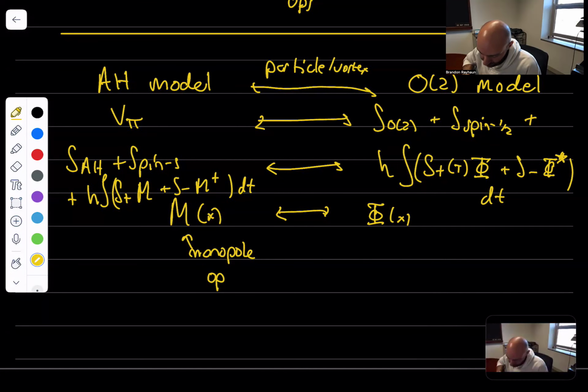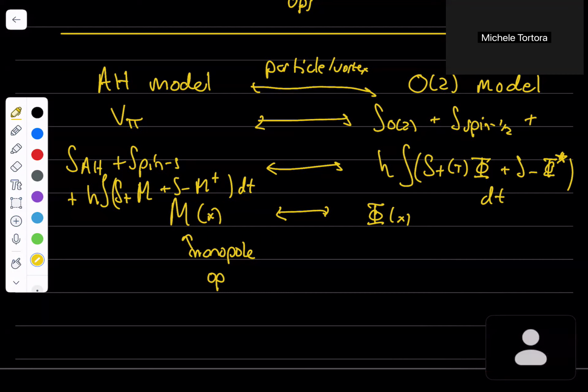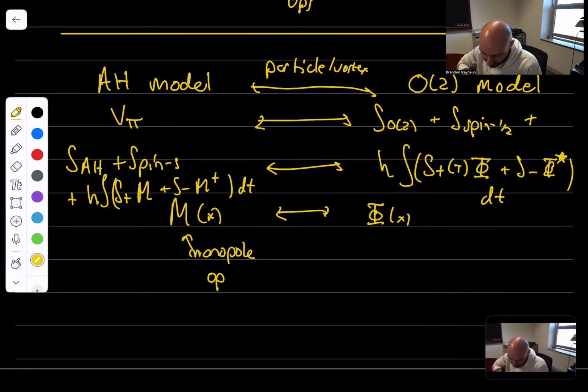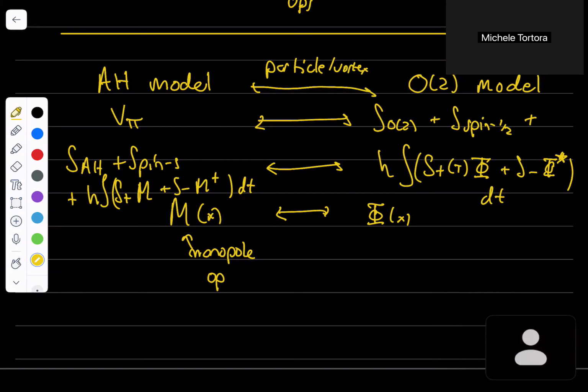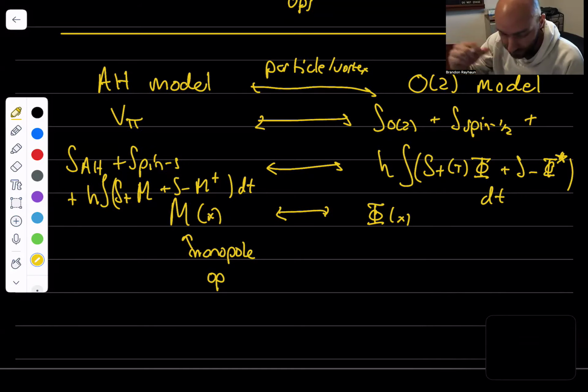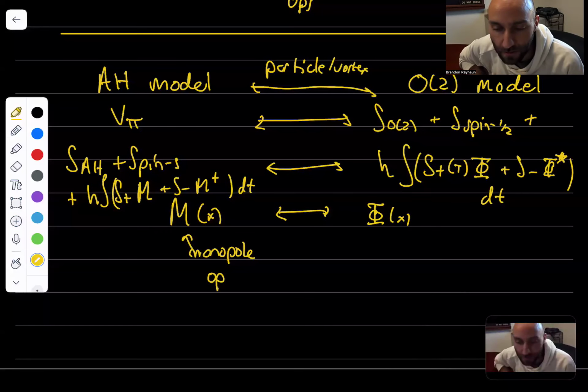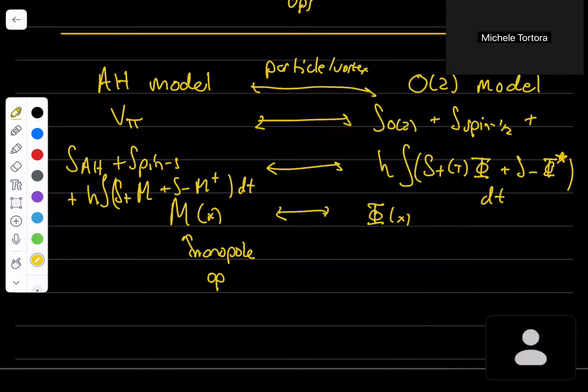Thanks for the questions. One question: this monopole can have different charges, right? Yes, monopole operators can have different charges. Here I am referring to the charge one monopole operator. What about the charge 2 monopole operator? What is it mapped to in this duality, in the O2 model?